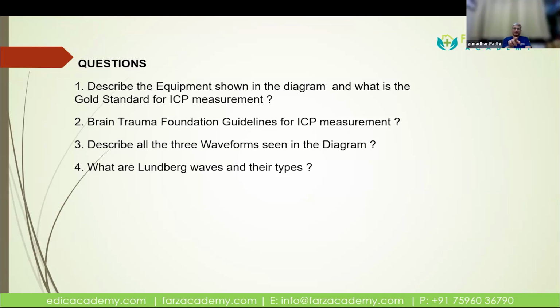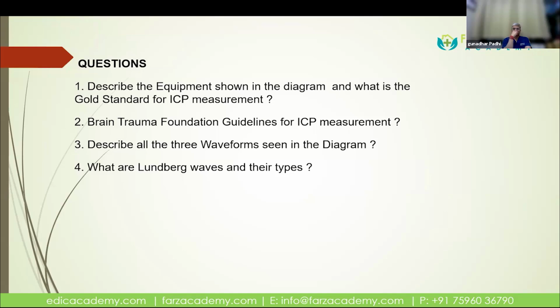Sorry, I just interrupt. The indication of ICP measurement as per BTF guidelines, in which patients you need to. The indications: any patient with severe trauma and GCS less than 10 is an indication for ICP measurement.